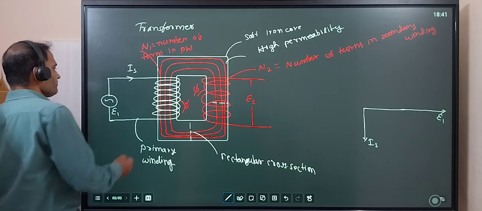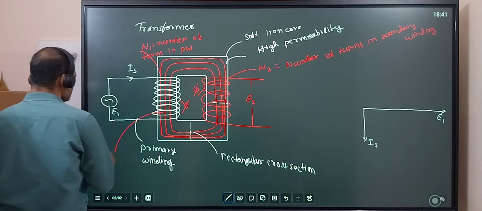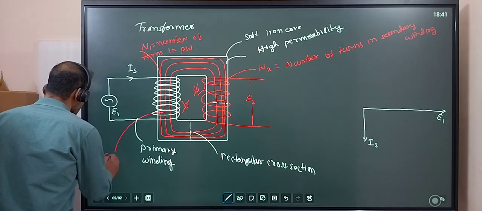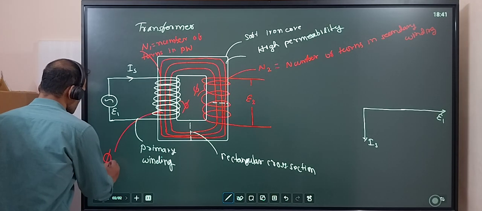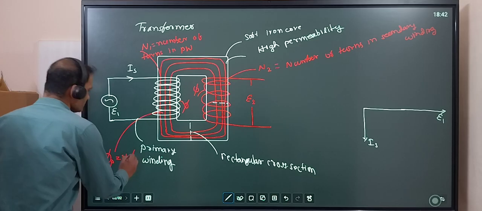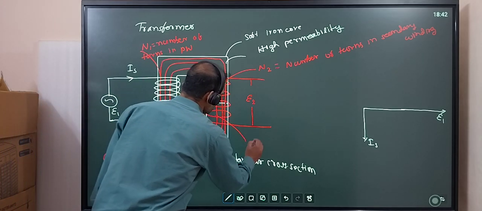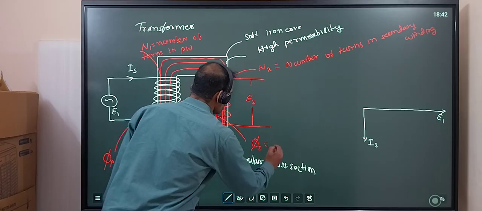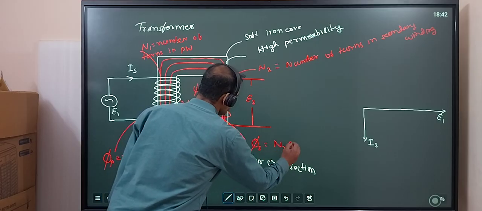So the total flux linkage for the primary will be N1 phi, and for the secondary it will be N2 phi.